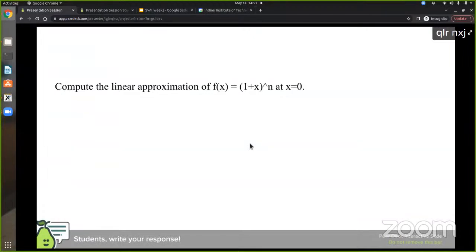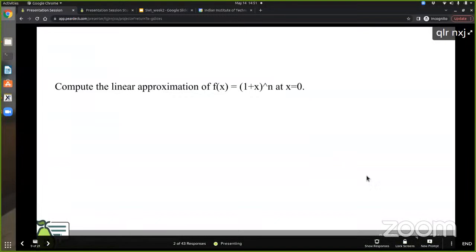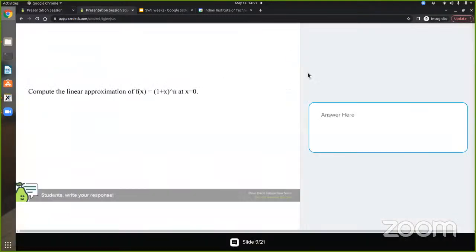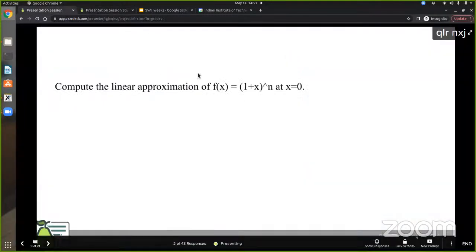Compute the linear approximation of (1 plus x) to the power n at x equal to 0. So again, you have to find the equation of linear approximation. Yes, you have to enter the equation itself.